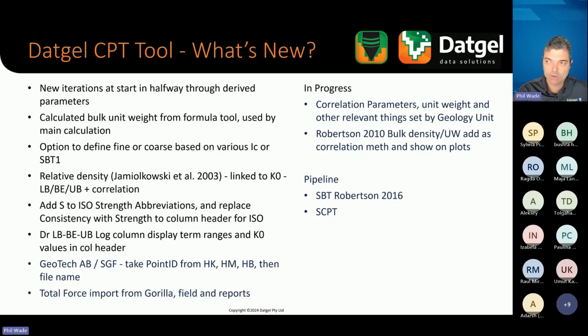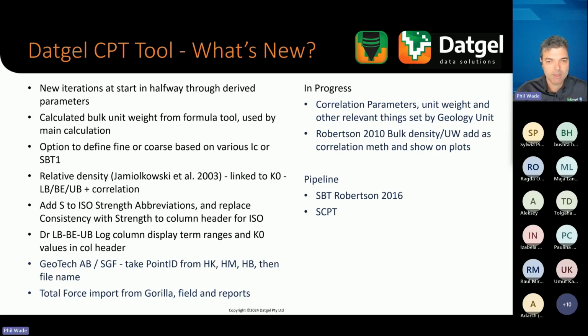That second one allows us to calculate bulk unit weight from a formula, so you can define bulk unit weight automatically based upon the soil behavior type, a basic estimation of soil behavior type, not the one actually presented on the log, but something before that. We also added the option to define how the fine or coarse boundary is defined, where initially we only did it based on soil behavior type 1, which wasn't very good for some situations, especially in the North Sea.